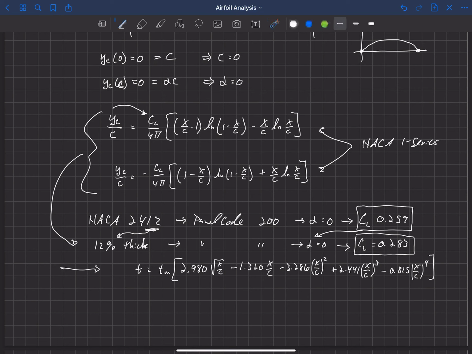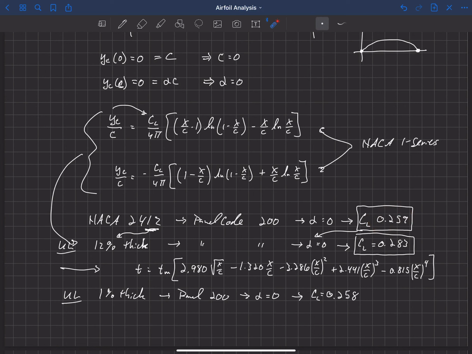So if I go back in and do a 1% thick airfoil, and I still use a panel code with 200 nodes and an angle of attack of 0, that gives me a lift coefficient of 0.258. So this is 1% thick and a uniform load again. So both of these are uniform load distributions. Again, I put in this as my design lift coefficient right here.